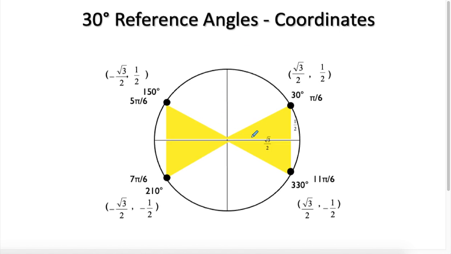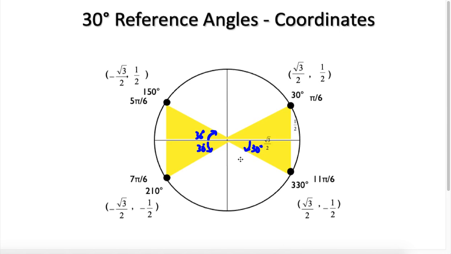We talked about what a reference angle was in the last video. A reference angle just means the measure from the x-axis. So from here to here is 30 degrees, from the x-axis to here is 30 degrees, and from the x-axis to here is 30 degrees. That's what a reference angle means.